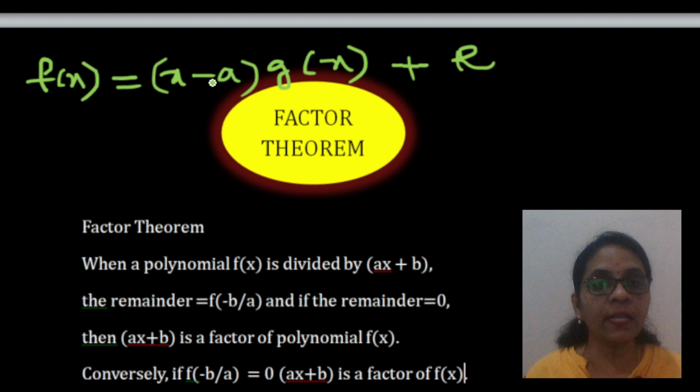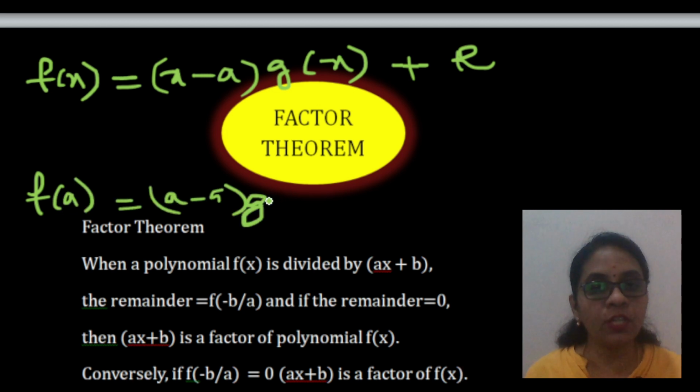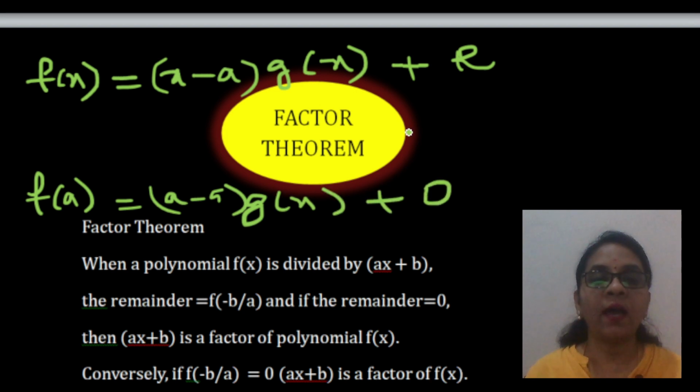But if x minus a is a factor of the polynomial, you know that the remainder becomes 0, and in remainder theorem you know that to find the remainder you find f of a. So, f of a becomes a minus a into g of x plus r, and because x minus a is a factor, r is 0. So, what did we get?